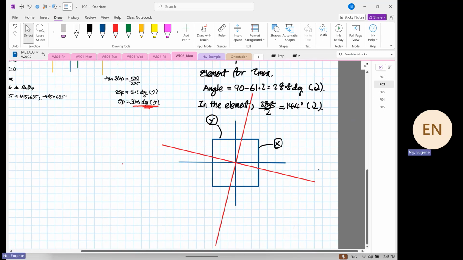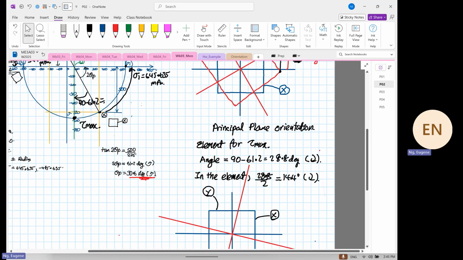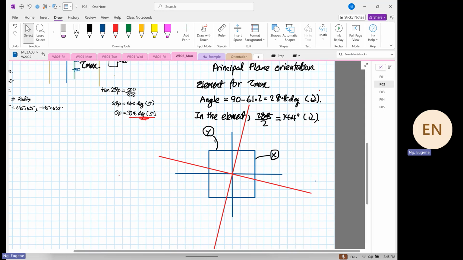So now I'm going to sketch our element like what I did before. I'm going to sketch in red.